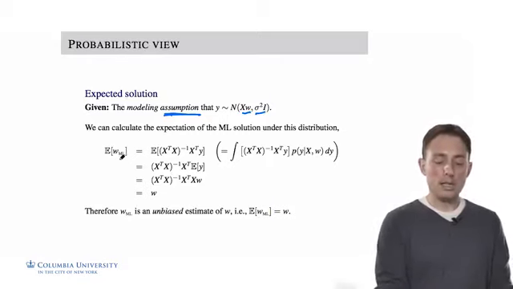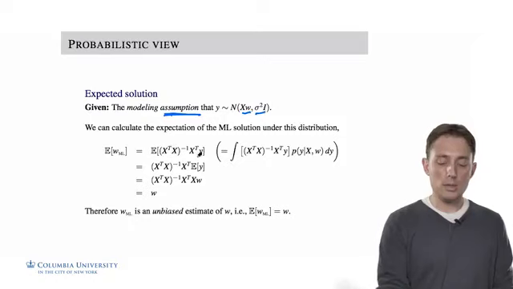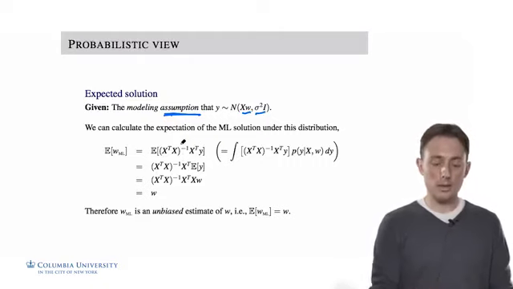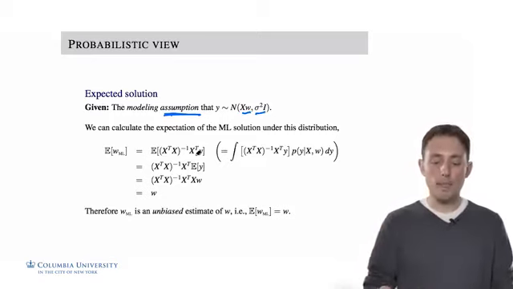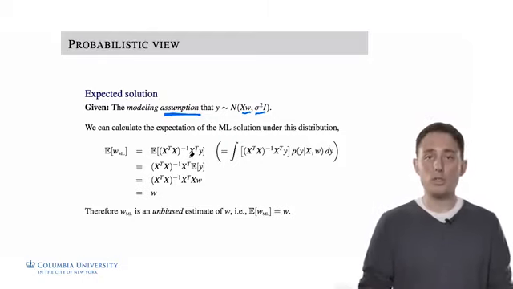We know that the maximum likelihood solution is equal to this matrix product. There's nothing random there. But then we also have the observation vector y, and we're making a distributional assumption on how y is generated.